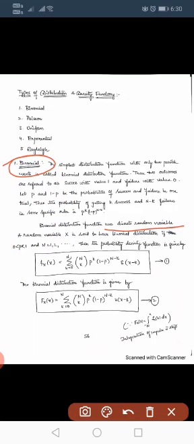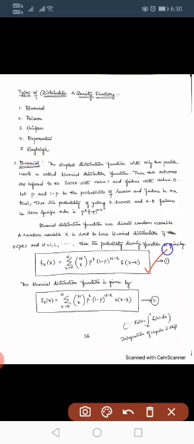Only at discrete intervals of time we get that output, either head or tail. So since it is a discrete random variable, we use summation here. Fx of x equal to summation k equal to 0 to n, nk p power k, 1 minus p whole power n minus k, delta of x minus k. This is the density function.